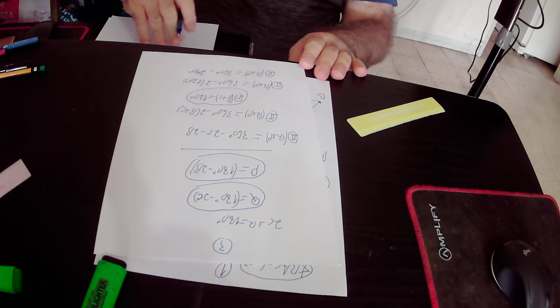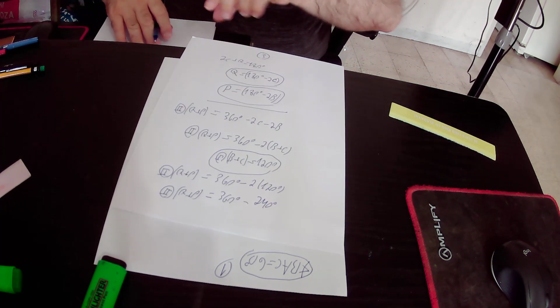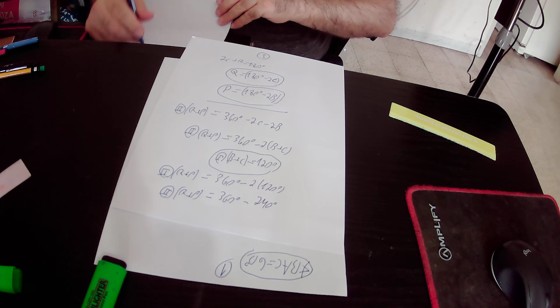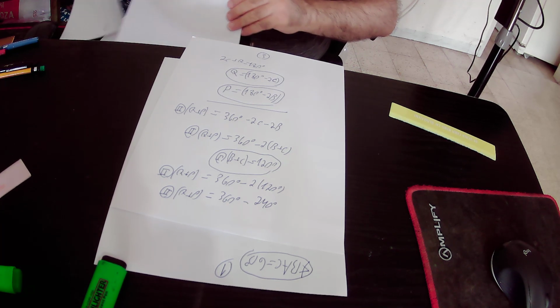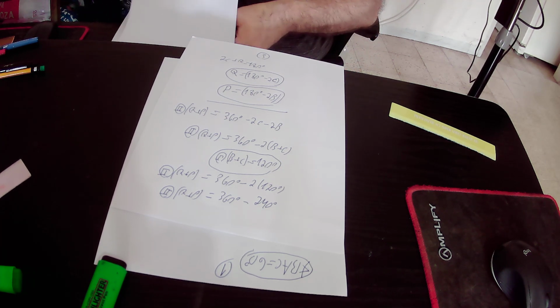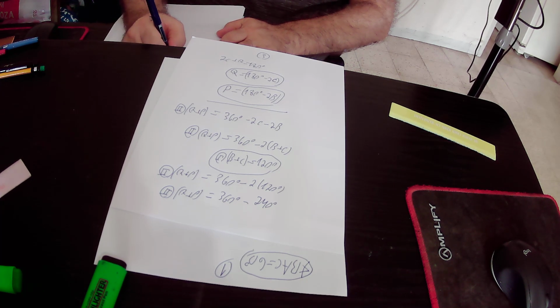So in total we will get that Q plus P equals 360 degrees minus 240 degrees, which equals 120 degrees.